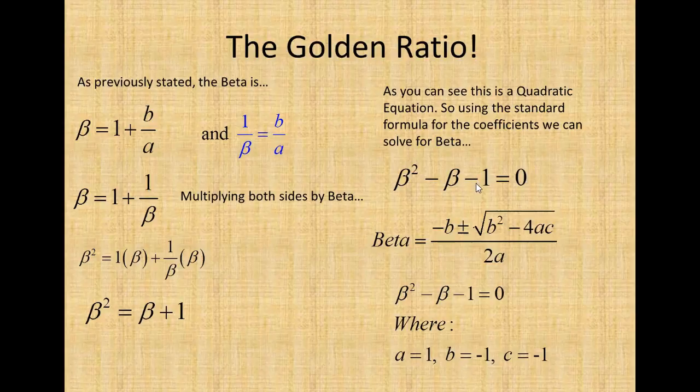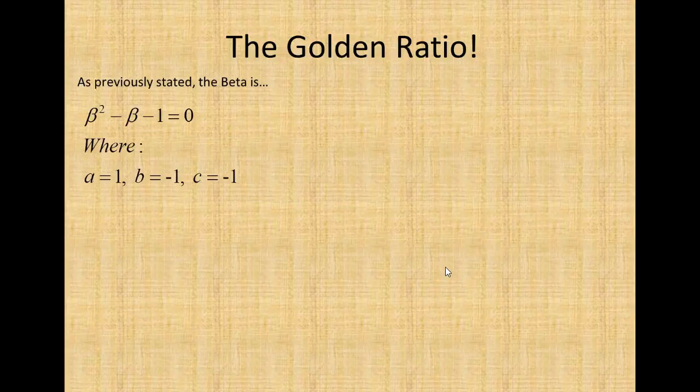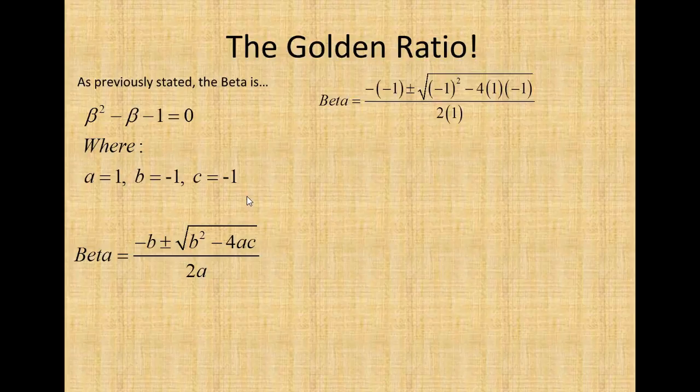And the coefficient of the constant is C, which is minus 1. All we have to do is substitute A, B, and C into the quadratic formula. So we substitute A equals 1, B equals minus 1, C equals minus 1 into this equation.